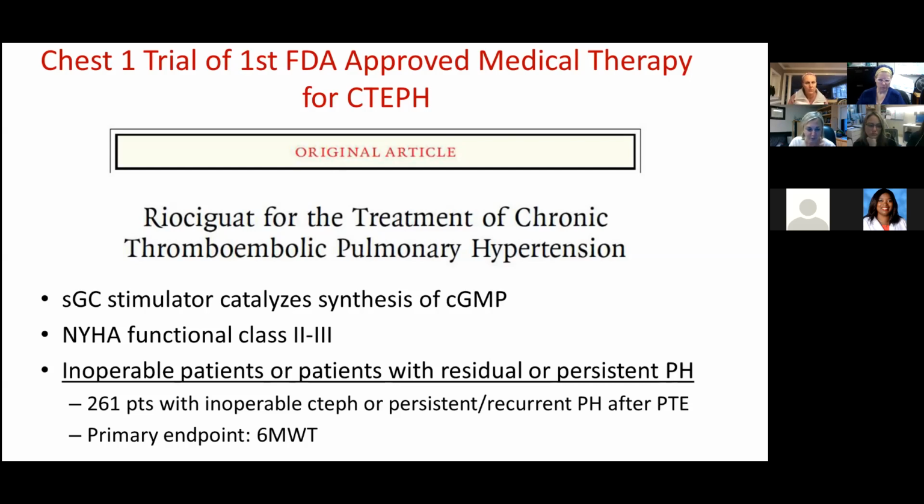It was approved for patients who have functional class 2 and 3 symptoms, and the only patients enrolled in the trial were patients who had inoperable disease, either surgically or medically inoperable, or patients who had residual disease after a PTE surgery. This trial included 261 patients.